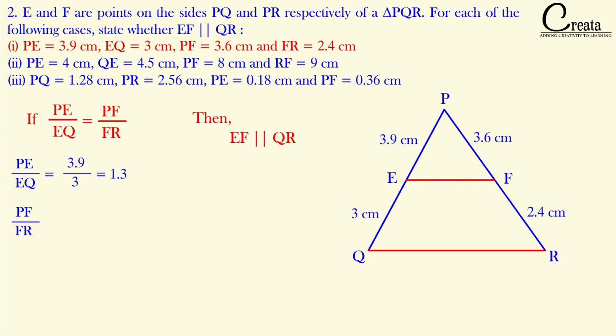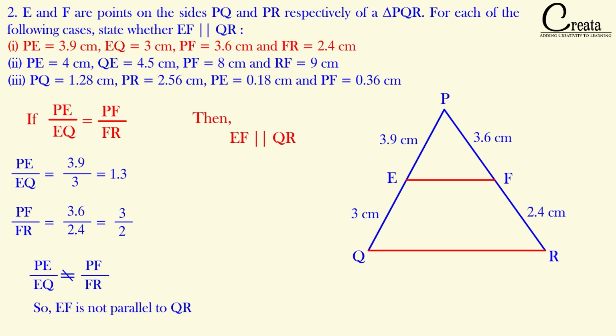Further, PF upon FR is equal to 3.6 upon 2.4, which is 3 upon 2. Here this ratio is not matching. That is, left hand side is not equal to right hand side. So here EF and QR are not parallel to each other. Got it? If this ratio is equal, then only EF and QR will be parallel to each other. The BPT converse theorem 6.2.